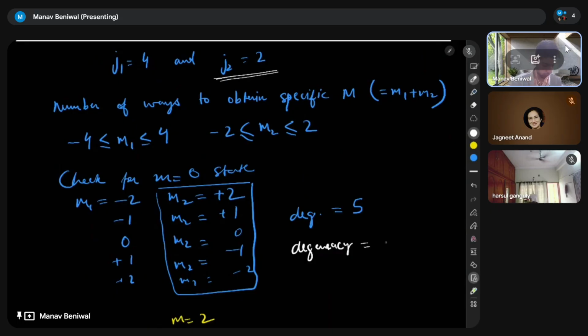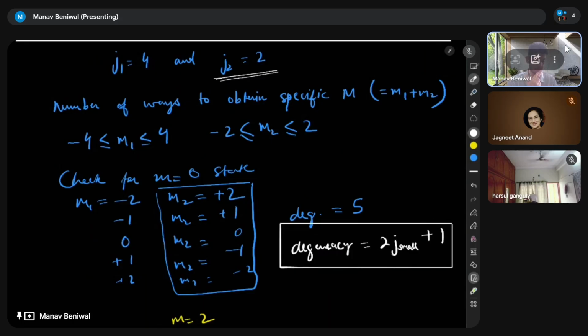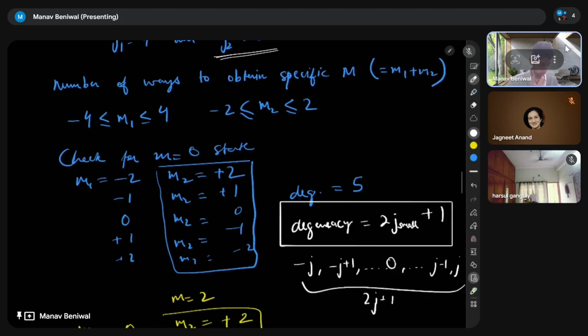So what is the formula? 2j, where j is the smaller, plus 1. Why? Because our total values of m go from -j to +j: -j, -j plus 1, and so on, then 0, and then j minus 1 and j. So these are total 2j plus 1 values. That's why we have this formula for degeneracy.